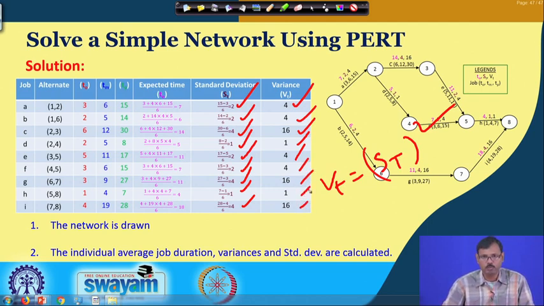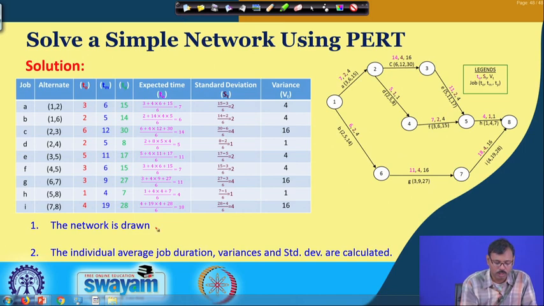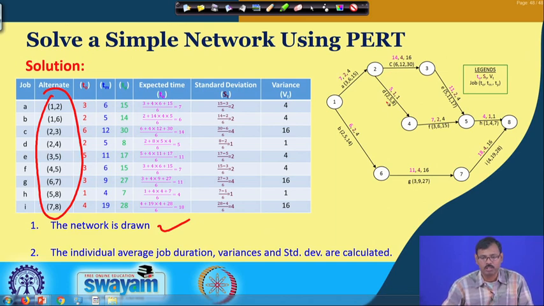So, for our first two problems, we have to draw the network. We have drawn the network as the alternates are given. Using these alternates we have drawn the network. We have placed these nodes and then connected them with arrows to show the different jobs.